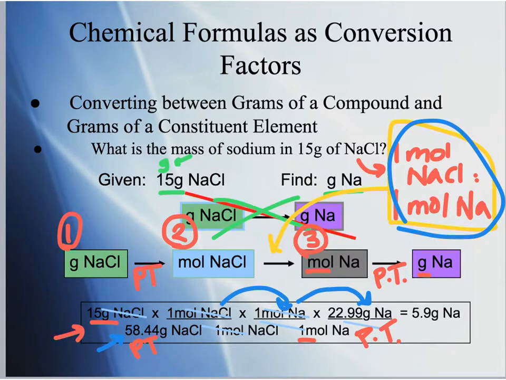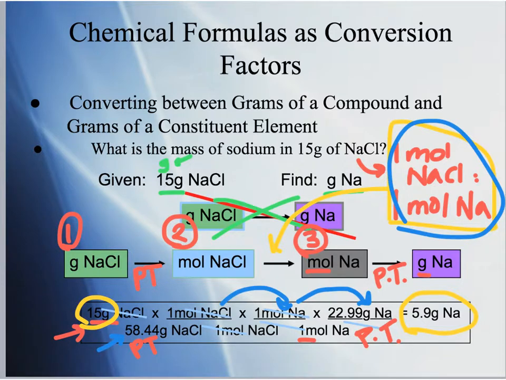So when we multiply everything on the top first, and then we multiply everything on the bottom and divide those two, we're going to end up with our answer here. Okay, with the correct amount of sig figs. Remember, sig figs always comes from how many sig figs you start with.